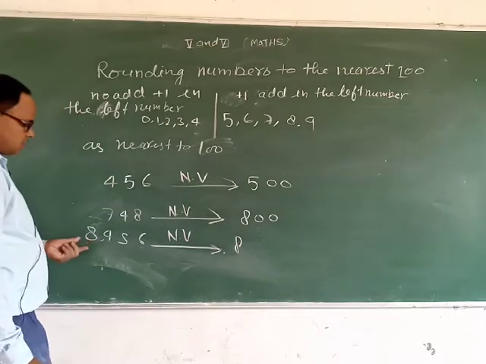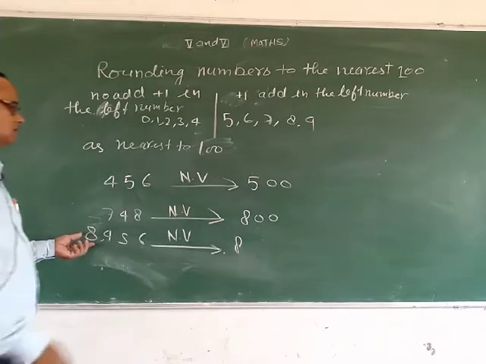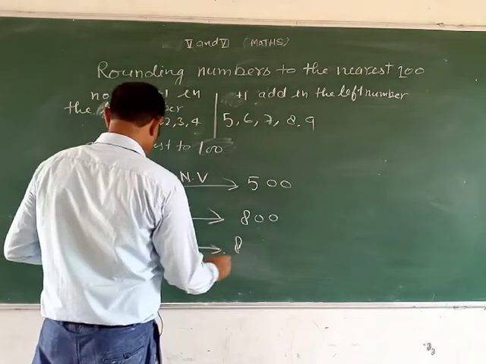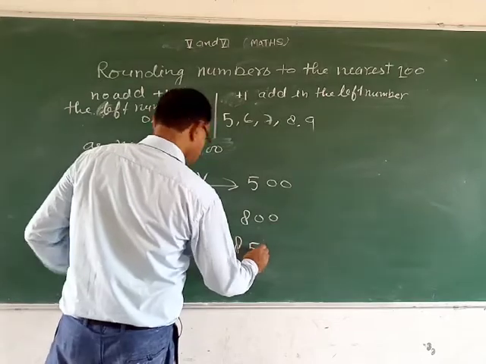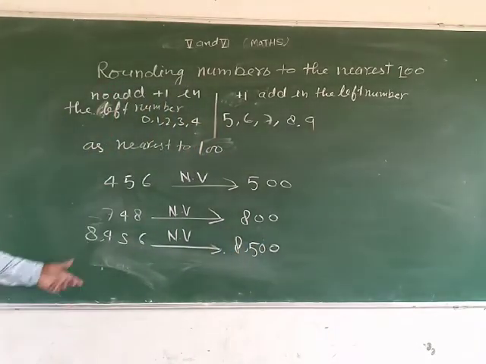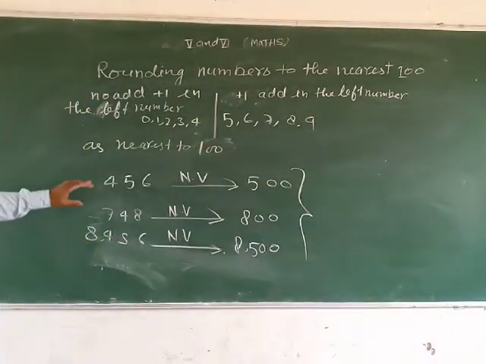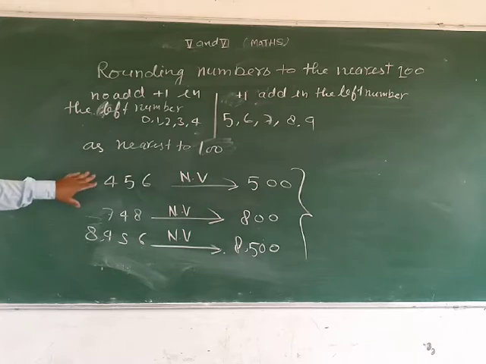But here 8 is no difference. It stays the same. 8 and here 5 0 0. Okay, thus we determine the nearest value of the given number of this type.